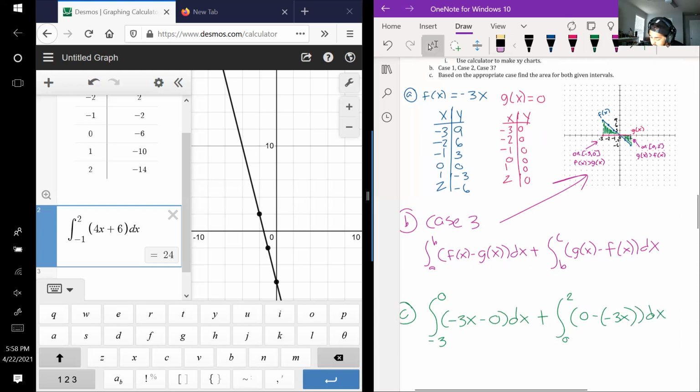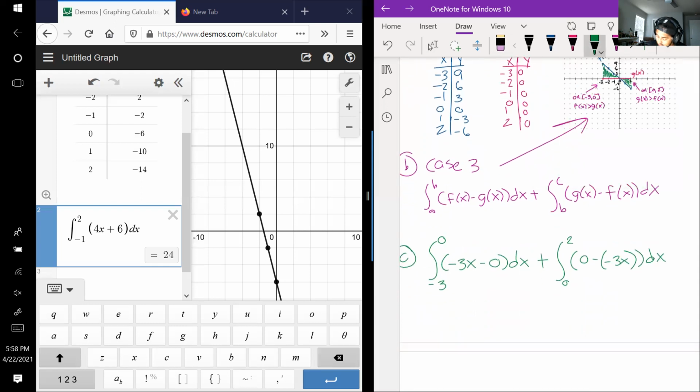Okay, just a little cleanup and we'll punch it in. This is going to be the integral from -3 to 0 of -3x dx plus the integral from 0 to 2 of positive 3x dx.